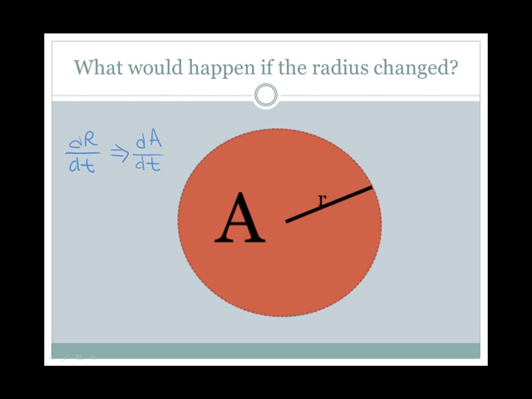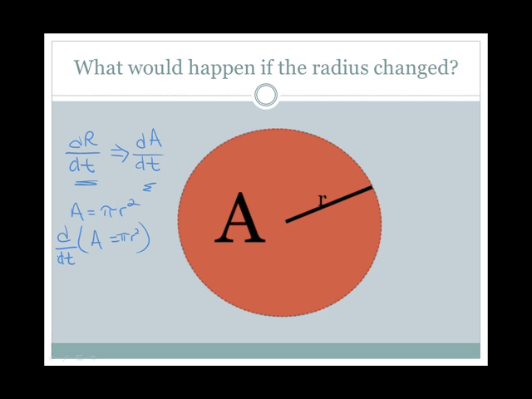So notice now what we're doing is we're talking about things changing over time. And so we're going to write equations like the area of a circle equals pi r squared. And to talk about the change in those things, we're going to take the derivative of this area formula with respect to time.